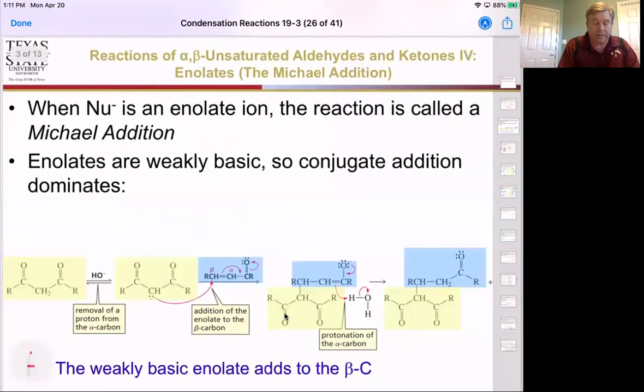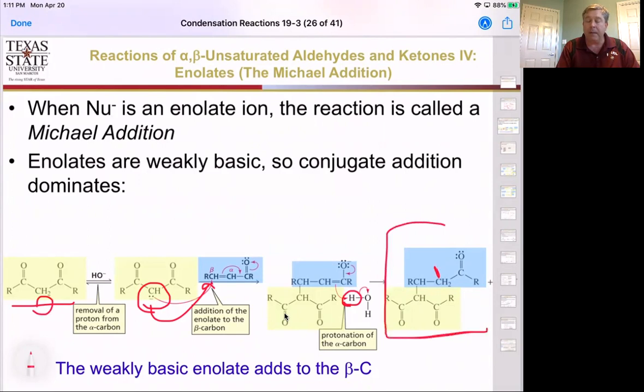Okay, so in this case right here, we have our diketo compound. When we add base to our diketo compound, we end up creating our enolate ion. Our enolate ion then reacts with our beta carbon, and then once we quench our reaction, the hydrogen that was abstracted from our system here ends up on our alpha carbon, and we end up with our final Michael addition product.